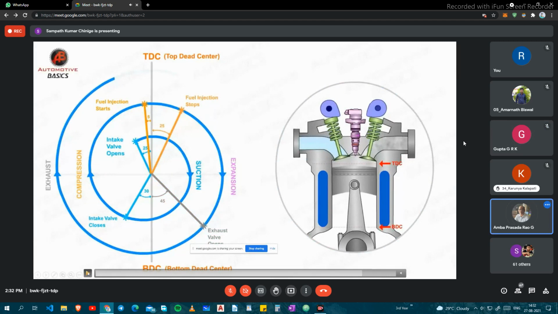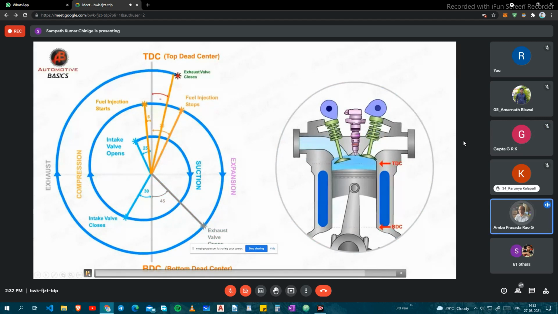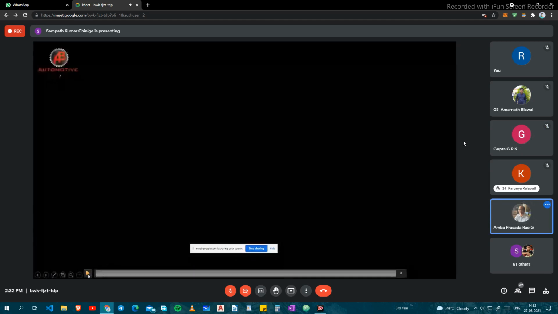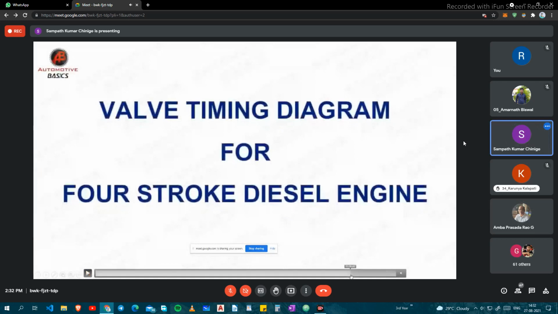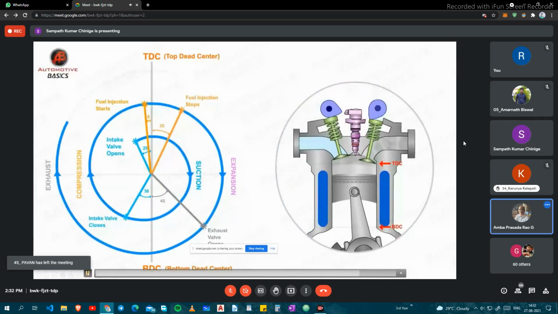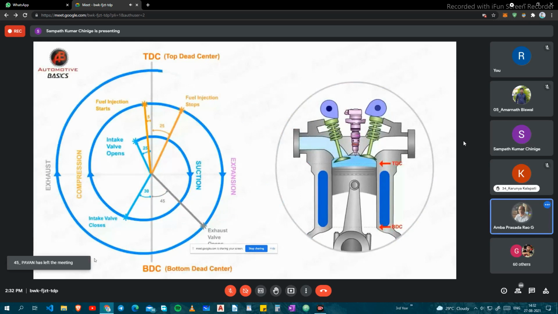You see, the piston is coming to the end of the exhaust stroke, even after crossing the TDC.